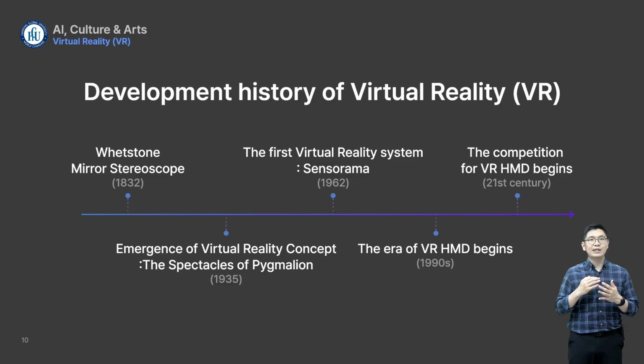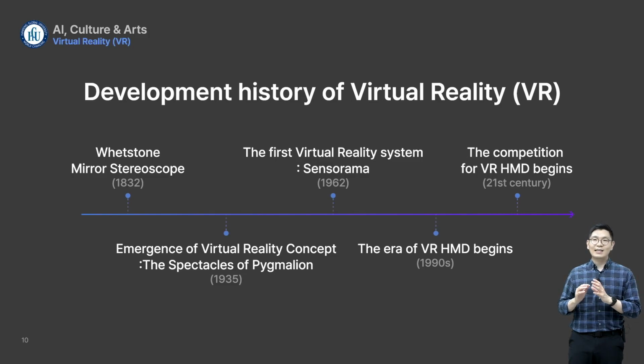In 1962, Morton Heilig, a Hollywood cinematographer, created Sensorama, a more structured VR system with visual elements, motion, sound, and smell to simulate a complete experience.